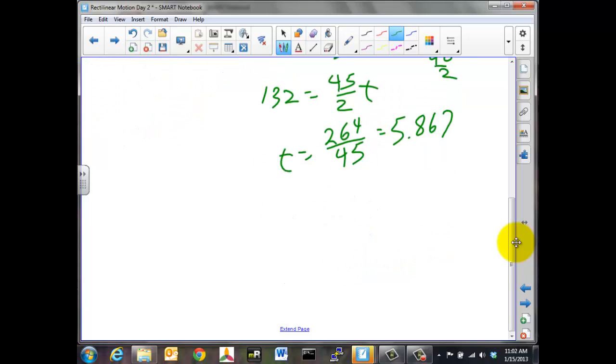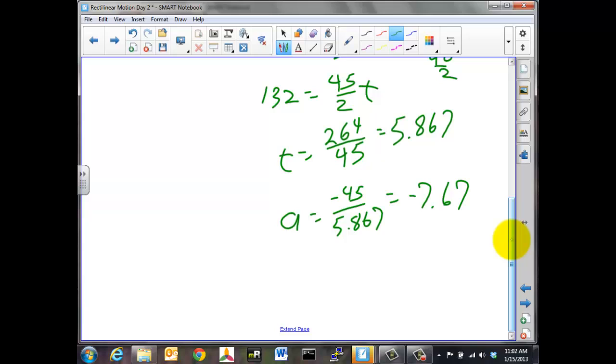So acceleration is negative 45 divided by 5.867, which is negative 7.67. Okay, so that is your deceleration.